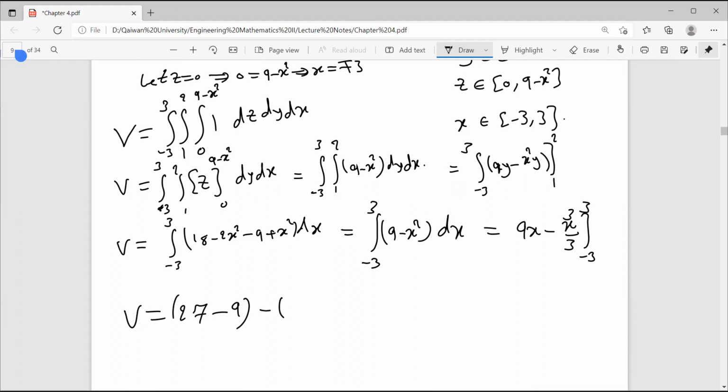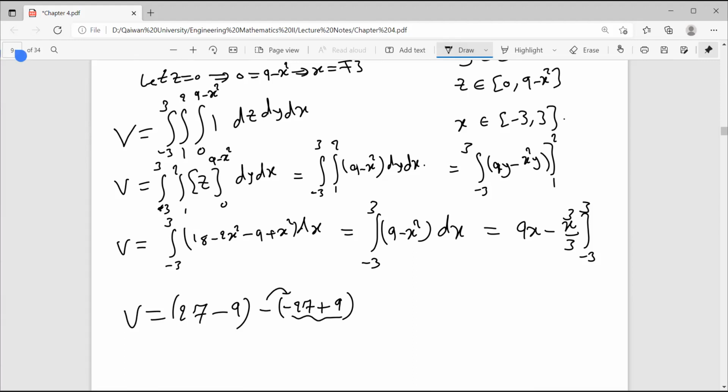Then minus. If we replace x by minus 3, we get minus 27 plus 9. Is it? Okay. Now we insert this negative sign.